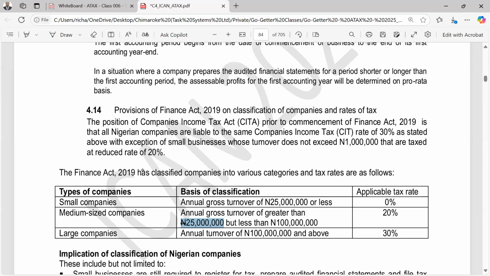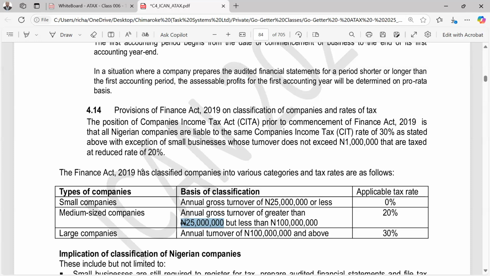For those ones, they are taxed at 20%. But now the Finance Act has expanded it that no, for a small business, we will not be talking about 1 million naira. We'll be talking about annual gross turnover of 25 million or less, and it's 0%.